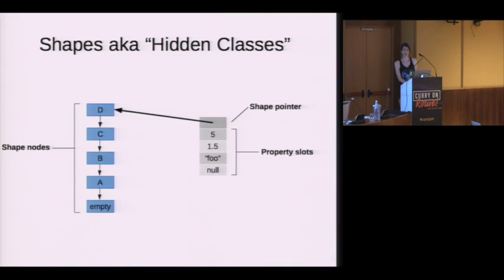Most JavaScript engines like Google V8, SunSpider, etc. represent JavaScript objects using this structure known as hidden classes. So hidden classes or shapes separate the object layout representation from the actual in-memory storage of object property fields. So an object shape tells you which properties the object has and at what offset in memory they are stored.